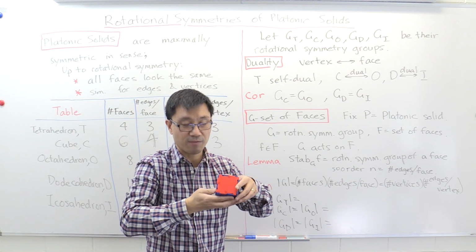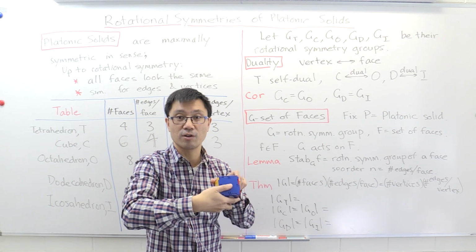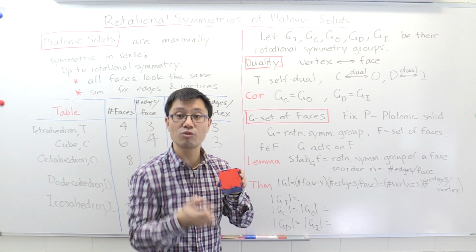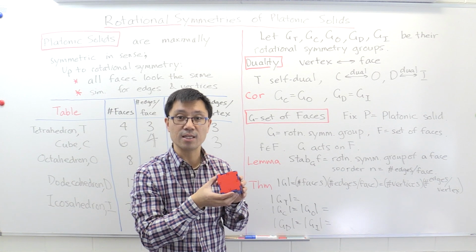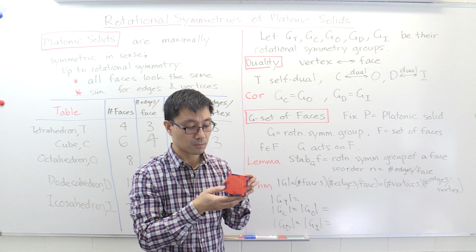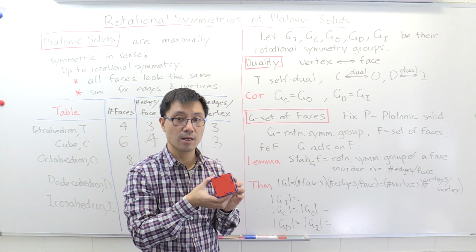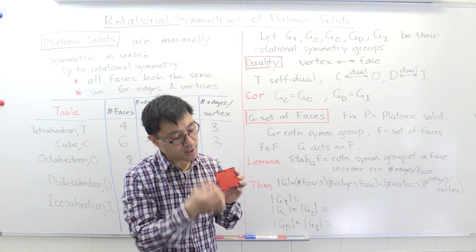That's the only way you can stabilize that face, keep the face rather than rotating it elsewhere. You have to have some axis of rotation which goes through the middle of that face, and that guarantees that you've got a rotation which stabilizes that. And then you just have to look at how many ways you can rotate it?